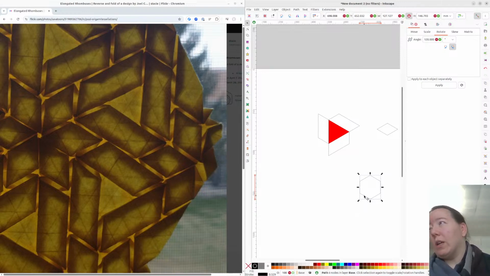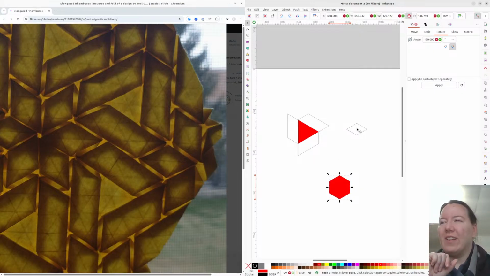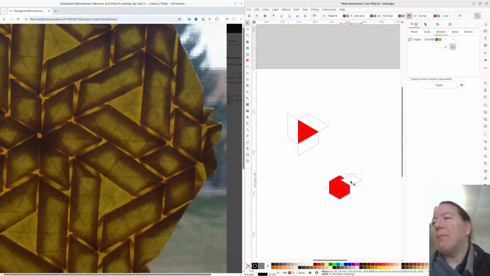With my hexagon, it's a little tricky here because of the way the pleats come out of the rhombus and the way that the rhombus tile is interesting, shall we say. But we're gonna have these rhombi either in this orientation or that orientation.